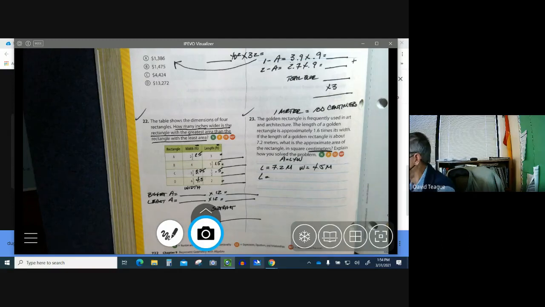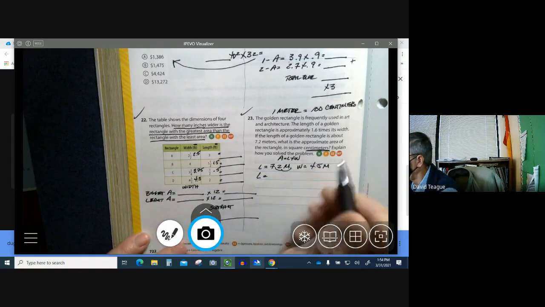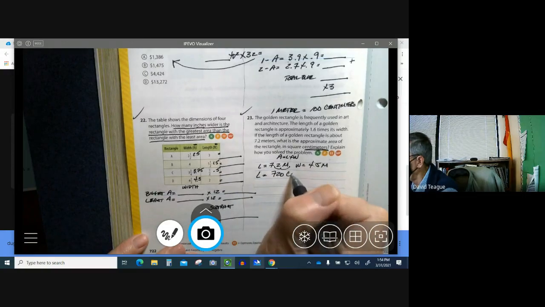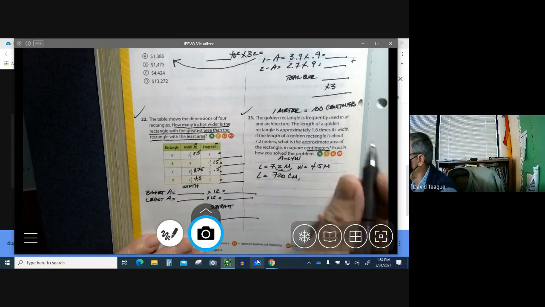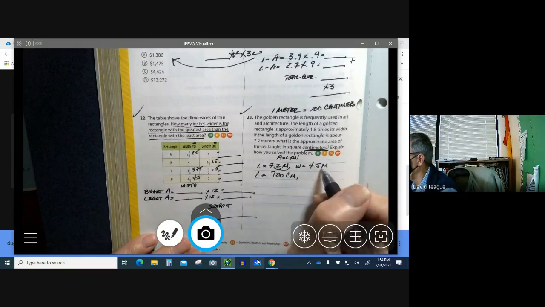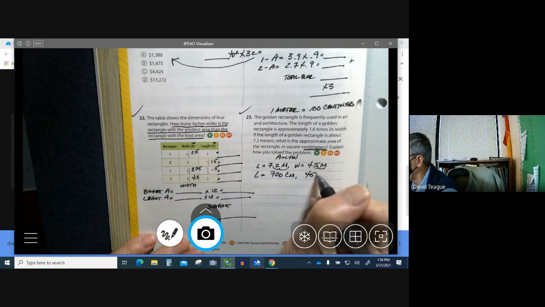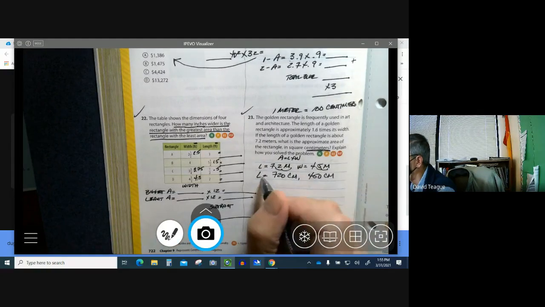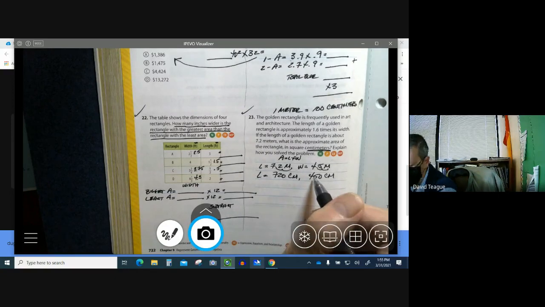Right. So if I move 2 places, this is converted to 720 centimeters. Same thing with 4.5. If I move my decimal point 2 places to the right, same thing as multiplying by 100, I get 450 centimeters. So now I have my length and my width in centimeters.